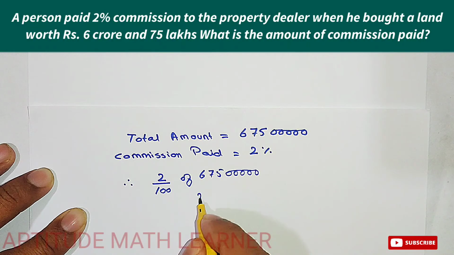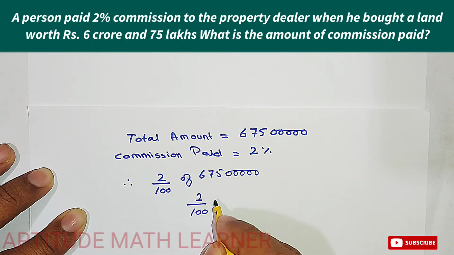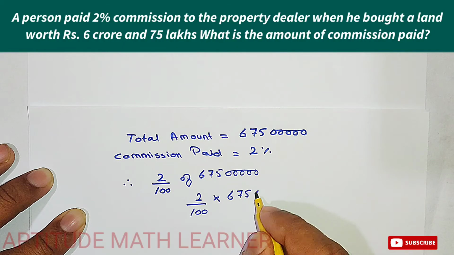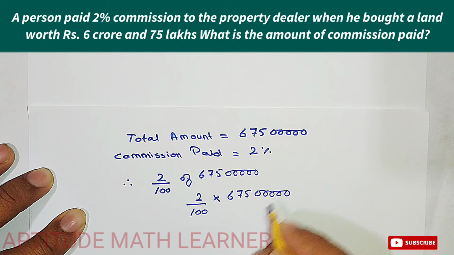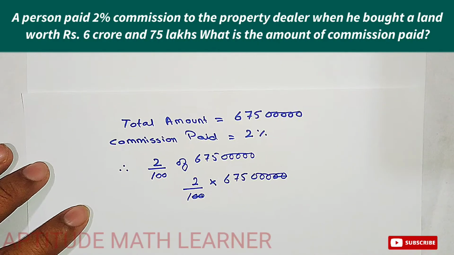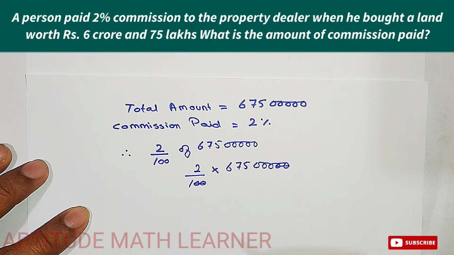Here we have 2 divided by 100. So this is 2% of 6 crore and 75 lakhs. Here we cancel out 2 digits, and now how much do we have?